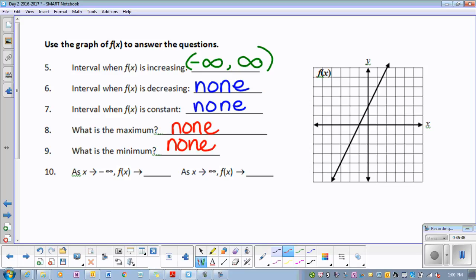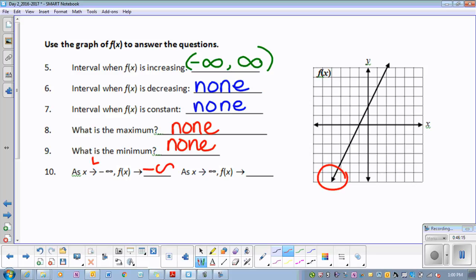Okay? Now, end behaviors. As x approaches negative infinity, remember how we talked about if you're on the x-axis and you want to walk towards negative infinity, you have to walk to the left, right? There is a left arrow, so let me look at my left arm. Where's that going? Up, down, or straight? Down. Down to where?